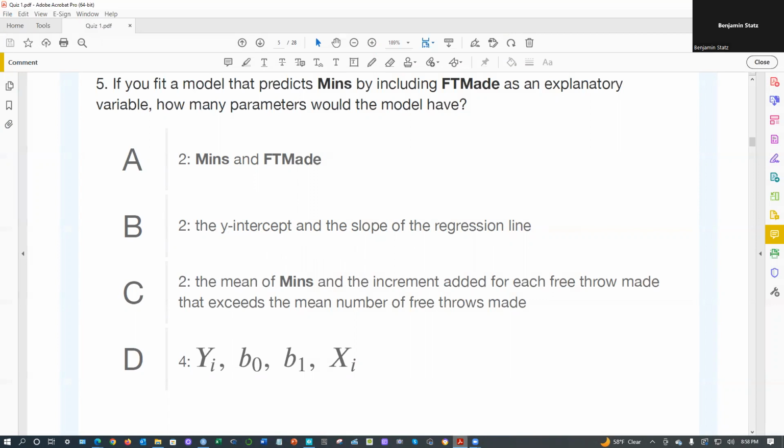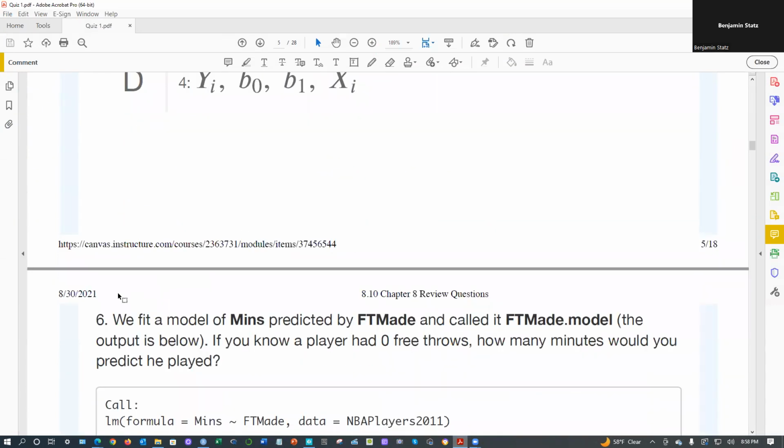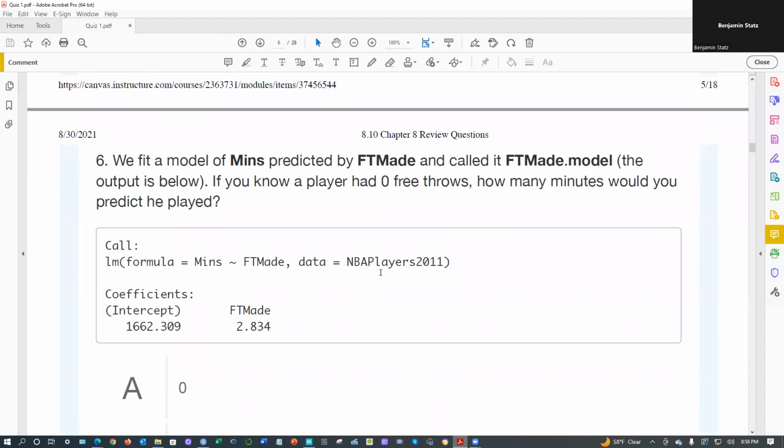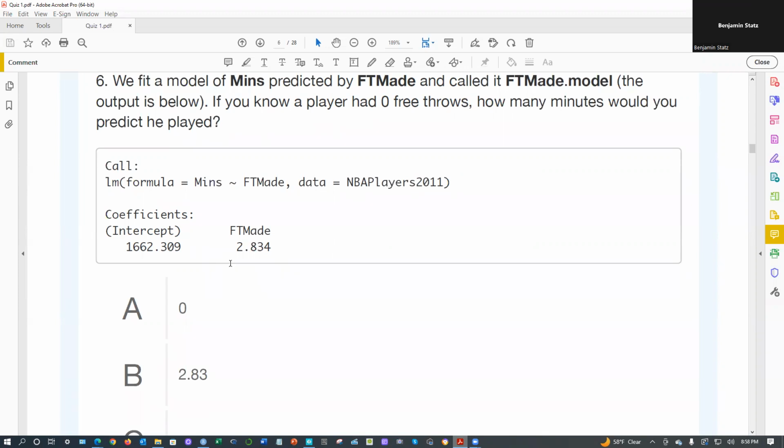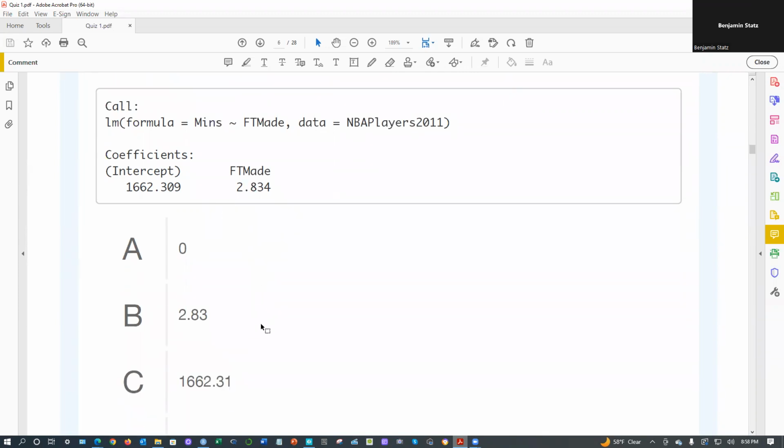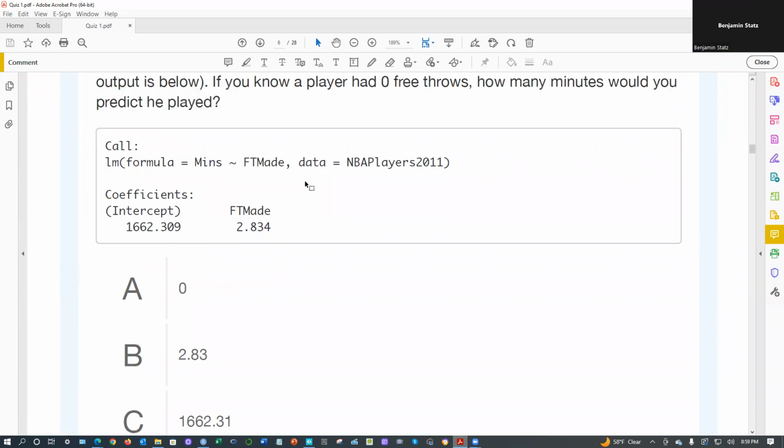Y-intercept and slope. So if you keep going, we fit our model with means predicted by FT made. Let a player have 0 free throws, he didn't make any of them. How many minutes would you predict he plays? That is the intercept, 1622.31. That's the definition: when x equals 0, what's the y value?